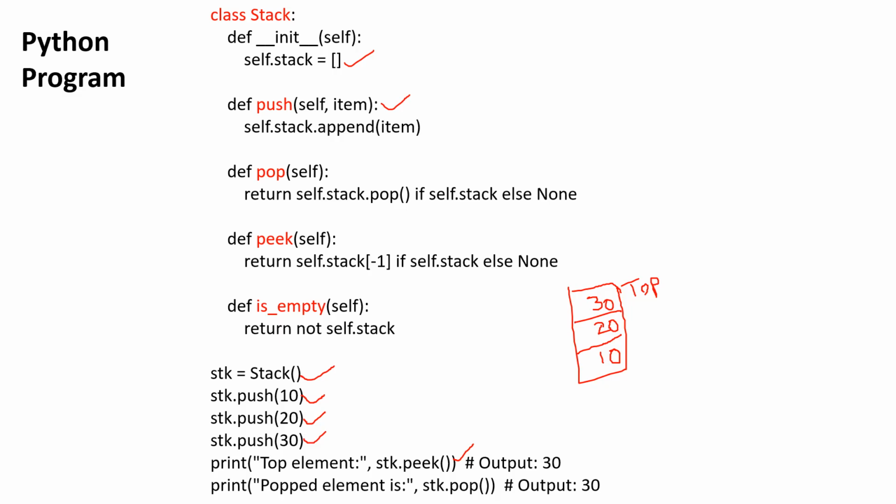Is_empty returns not self.stack. If self.stack is not there, it means there are no elements, then it returns that it is empty. These are the special functions we added, and the two most important functions are push and pop. Peek returns the topmost element if it is there, otherwise it returns none. Is_empty returns whether self.stack is empty.